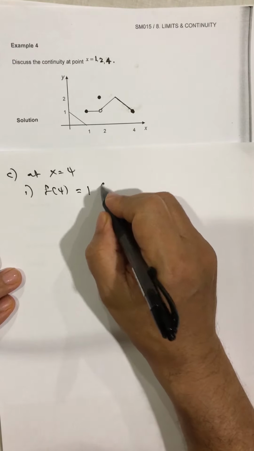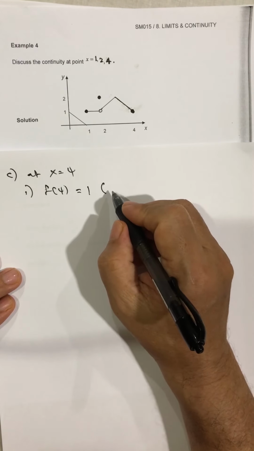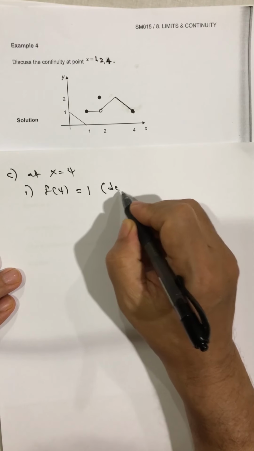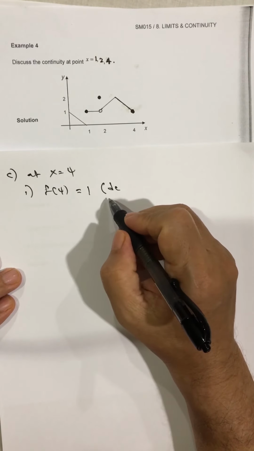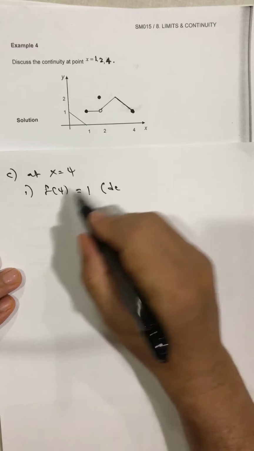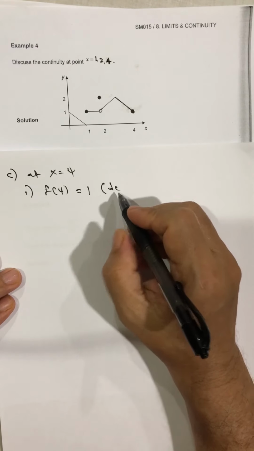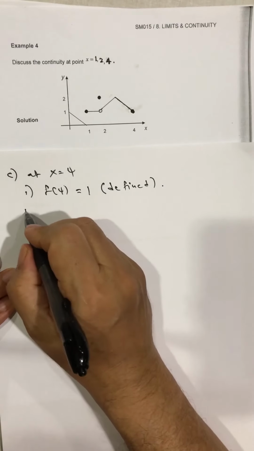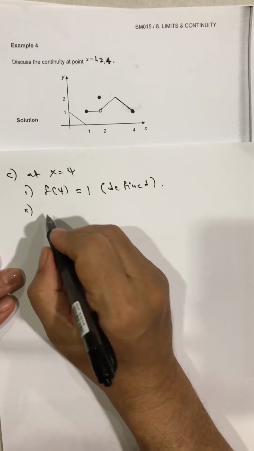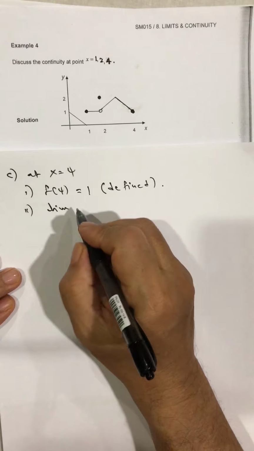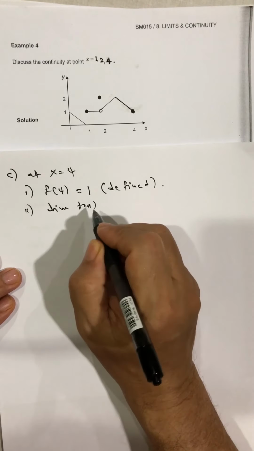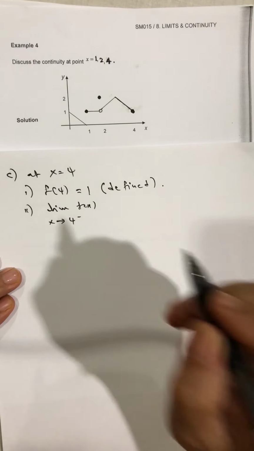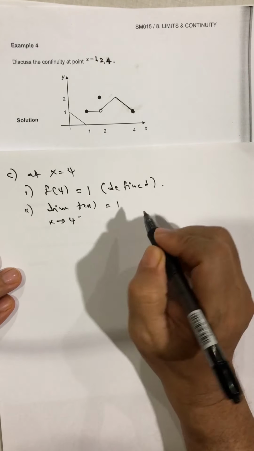That means f is defined at x equals 4. And number 2, the limit of f(x) as x approaches 4 from the left is equal to 1.